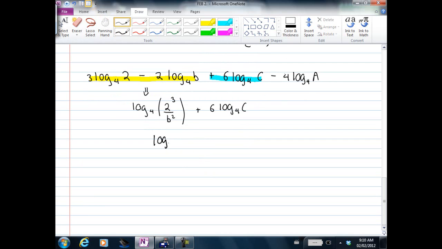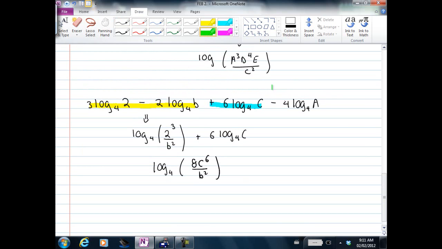Sure. 2 cubed becomes what? 8. Good. You can write down 8C6. See that B squared still there. I haven't done anything to the B squared yet. I keep it simple. Again, I'm not rushing through things. I'm making life simple. I look at here, and I see one more piece I have to work with.